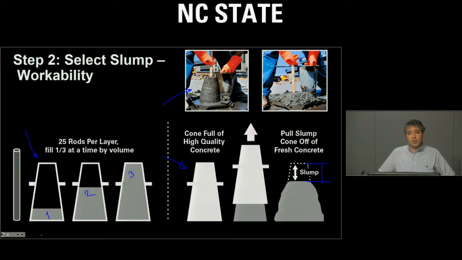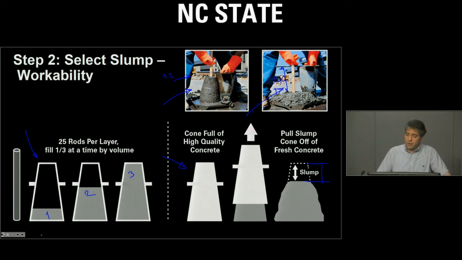And of course, as you can already guess, the more workable the concrete would be, the higher the slump it would have. Over here, we can see a slump of a concrete that is, if I were to guess, I would say something around 9 to 10 inches. And over here, the slump is something around 1 to 2 inches.